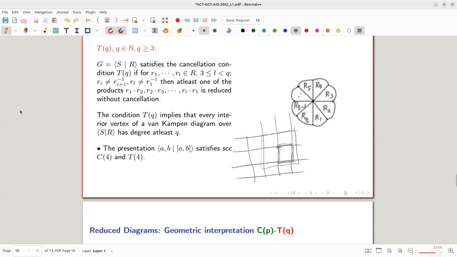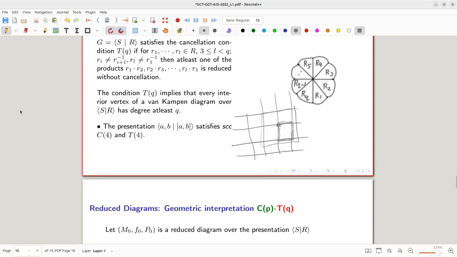In this way you go to RL, the last one, so RL, R1, this product you're forming. Then at least one of these products is reduced without cancellation. One of these products, you don't have to cancel anything to reduce it. It's already reduced. Okay, that's what the definition says.